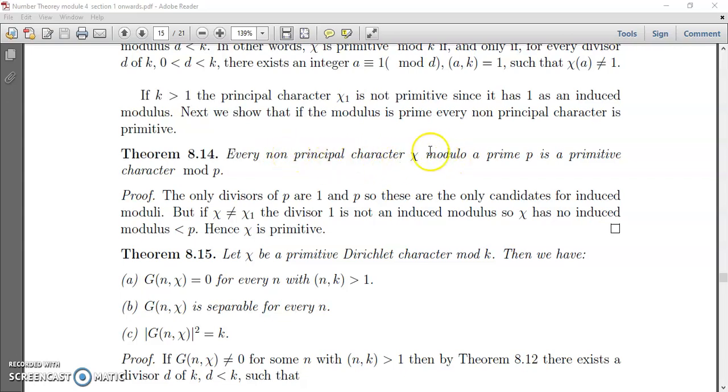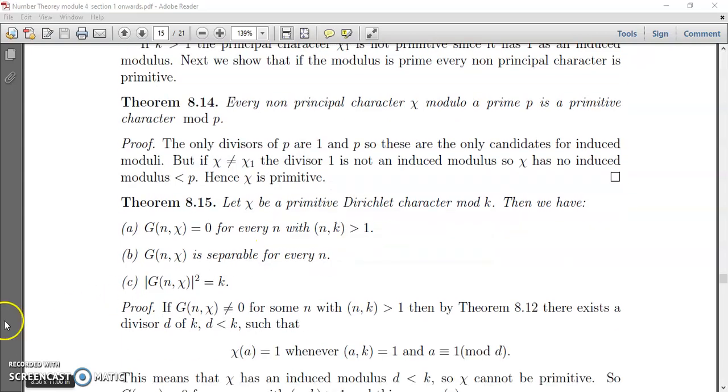Chi is a non-principal character, that is, chi is not equal to chi1. If chi is not equal to chi1, then divisor d is not an induced modulus. So chi has no induced modulus less than p. The only induced modulus is p. So we can say that chi is primitive.